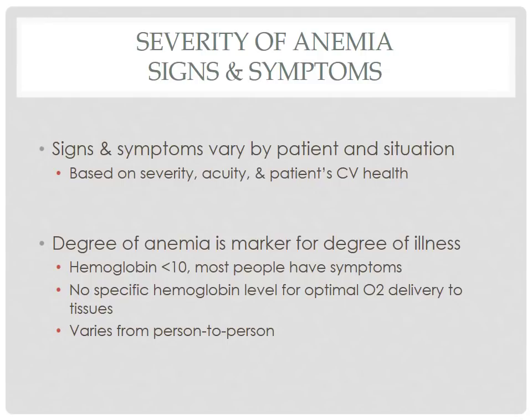The degree of the anemia is going to tell you the degree of the disease. In general, if a hemoglobin is less than 10, most people are going to have at least some symptoms. But remember that there is not a specific hemoglobin for optimal delivery of oxygen to the tissues, so different people are going to have symptoms at different levels, and different people are going to compensate differently.